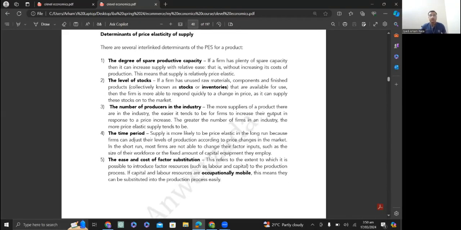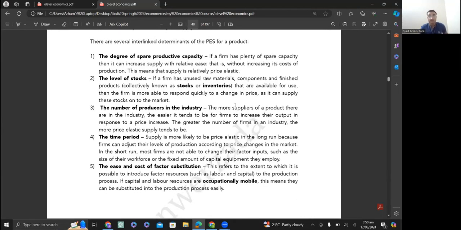Now, determinants of price elasticity of supply, PES. First, the degree of spare productive capacity. The higher a firm's productive capacity, if there is increased demand, they can quickly produce more goods because they have enough capacity. Hence the price elasticity of supply will be greater than 1, which means the supply will be elastic.